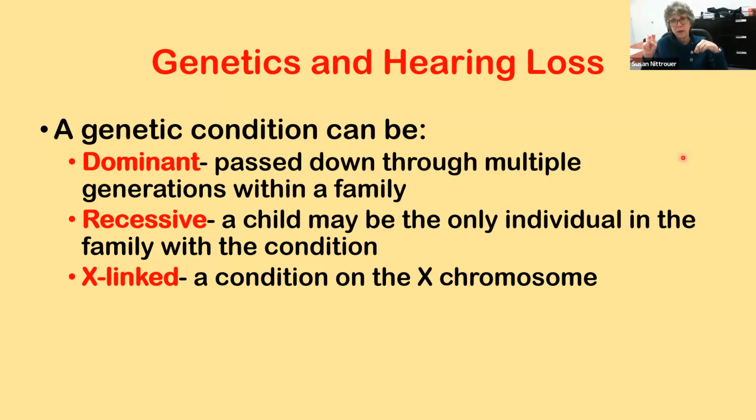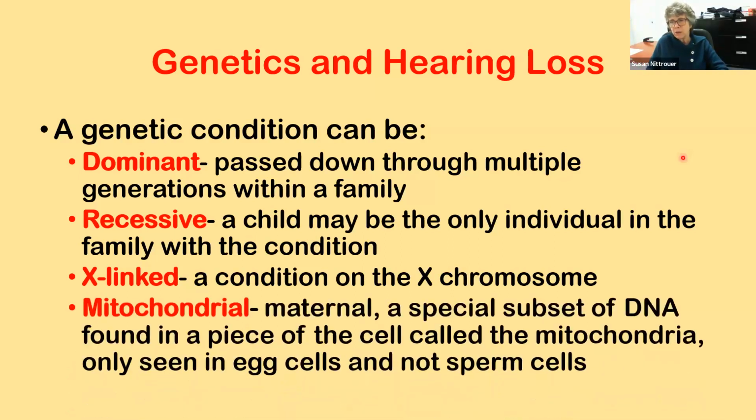So girls have a better likelihood that if one of those chromosomes is not affected, they will have a milder form of whatever the condition is. And then there can be mitochondrial disruptions. The mitochondria are a special part of the cell, and they're in the egg cells and not the sperm cells, and there are mitochondrial disorders.